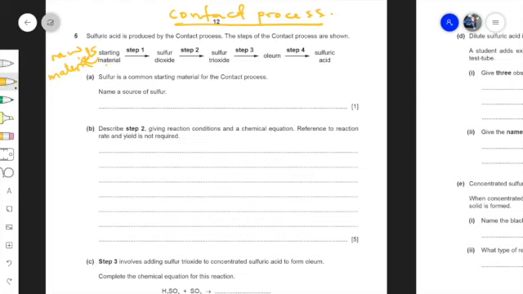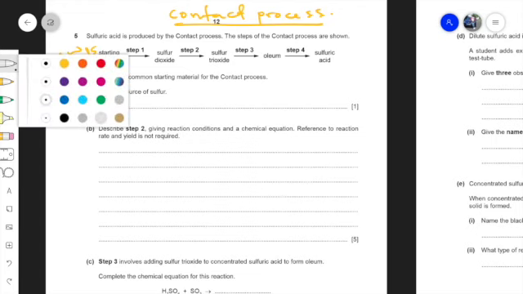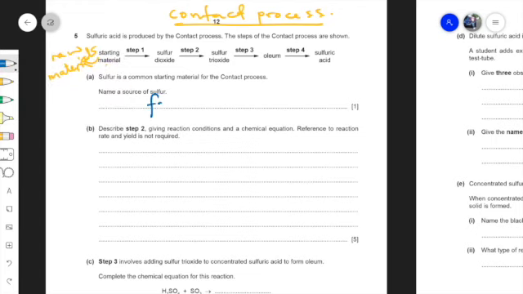So sulfur is a common starting material for the contact process. Name a source of sulfur. So the source of material could be fossil fuels.